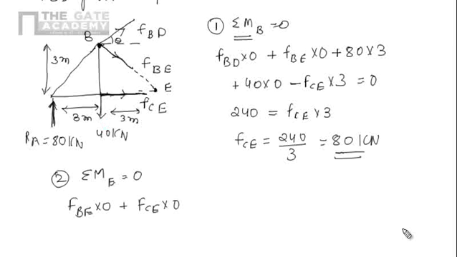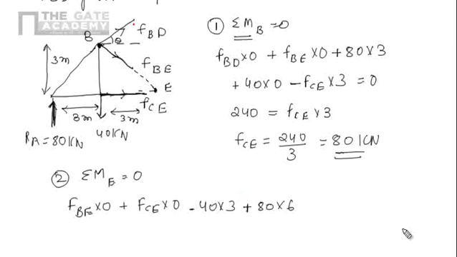For this 40 kilonewton, the perpendicular distance from E is 3, so the moment will be 40 into 3, and the direction is anti-clockwise, so it will be negative. Similarly, due to this 80 kilonewton, the moment at E will be 80 into the perpendicular distance 3 plus 3, that is 6, so 80 into 6, and the direction is clockwise, so it will be positive.